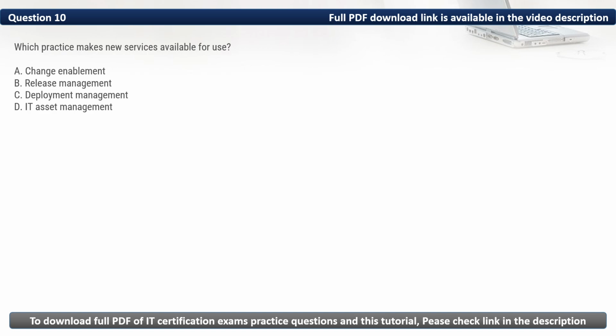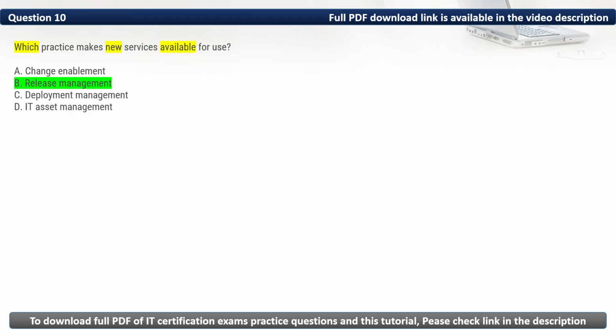Question 10. Which practice makes new services available for use? The release management practice makes new services available for use.